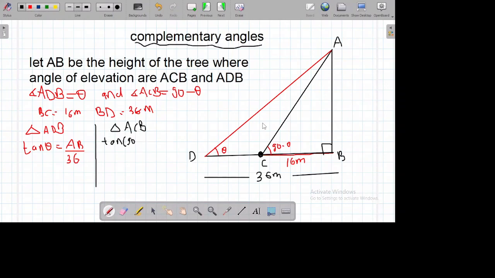Christie, tell me, tan 90 minus theta means how much? 90 minus theta is the angle formed there, so what is the perpendicular and what is the base?